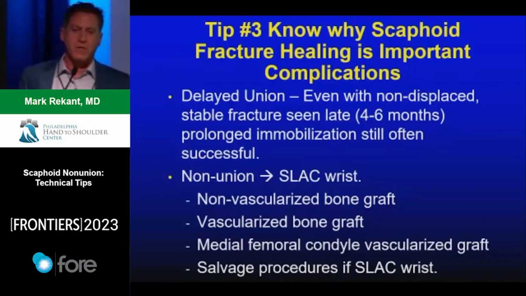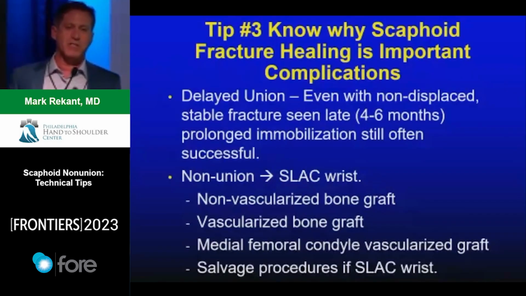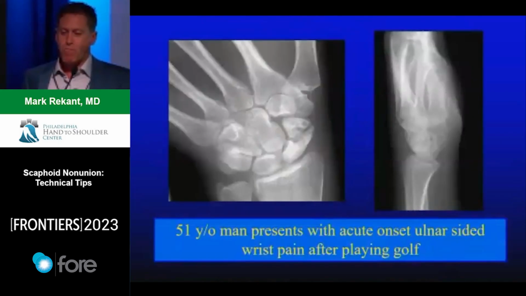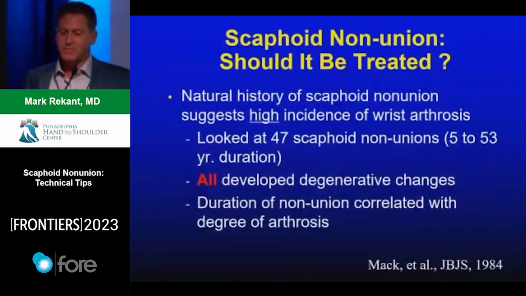And then we have to realize that if we do nothing, which is not necessarily the wrong answer, the patient just needs to be aware that they will likely have to have treatment, 15, 20, 25 years down the road with these various techniques. And there is not enough time to debate vascular versus non-vascular, whether to take medial femoral condyle or just do straight away a salvage procedure. This is sort of one concept just to think about. Here's your scaphoid fracture.